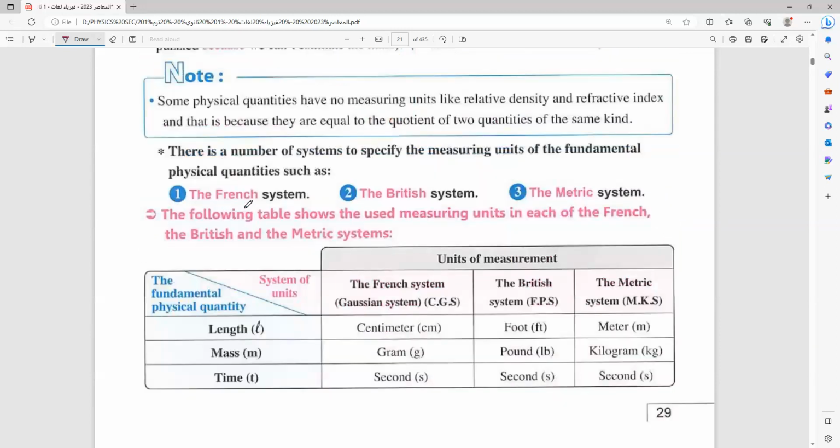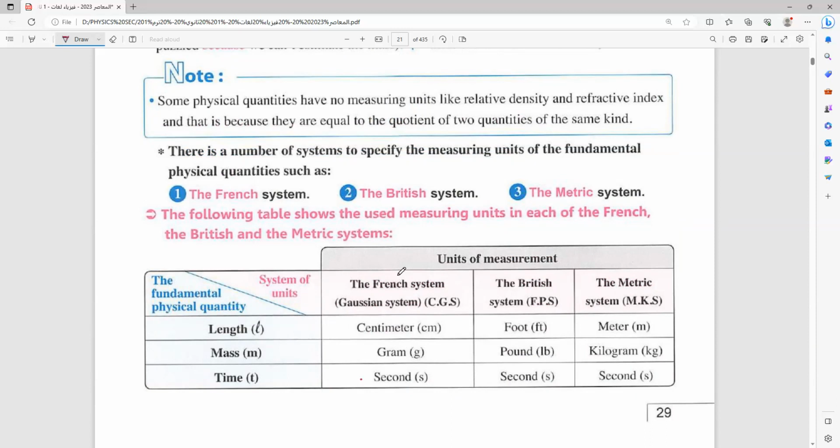We have different systems in measuring units: French system, British system, and the metric system. The French system measures length by centimeter, mass by gram, and time per second.